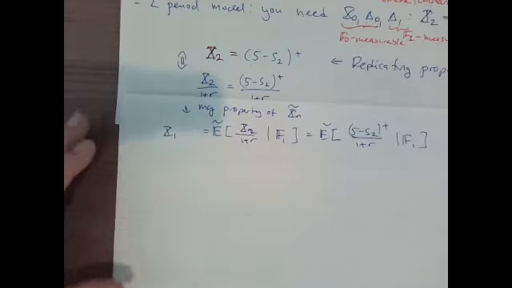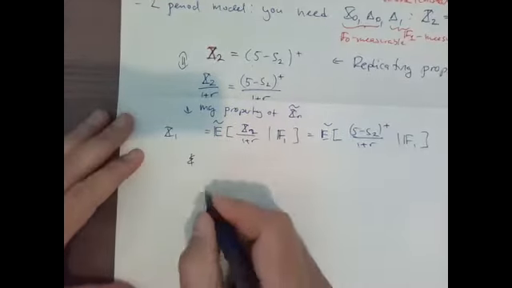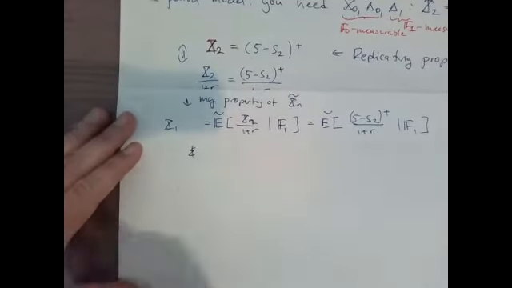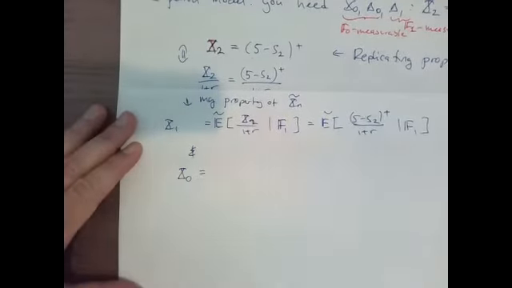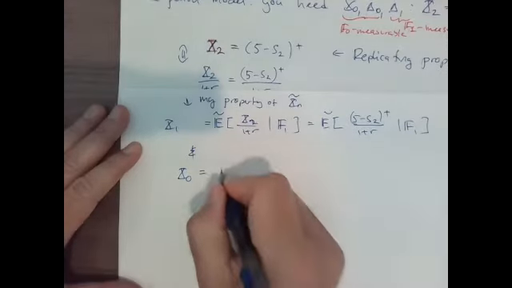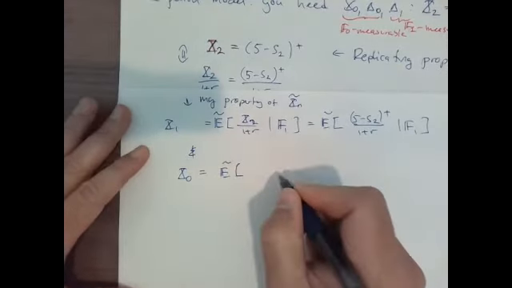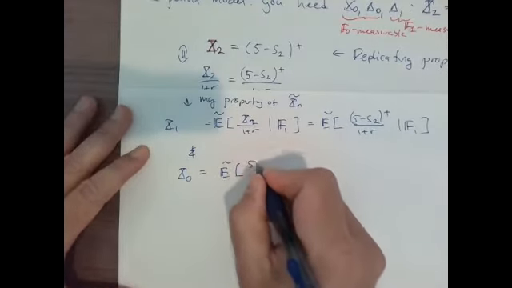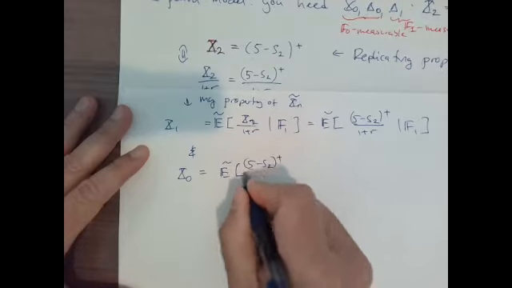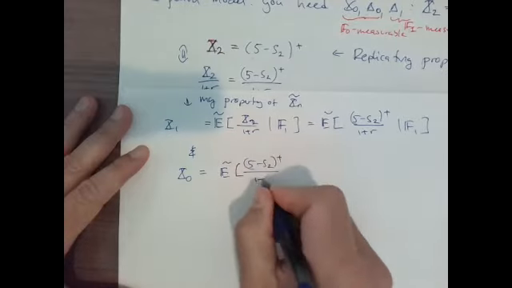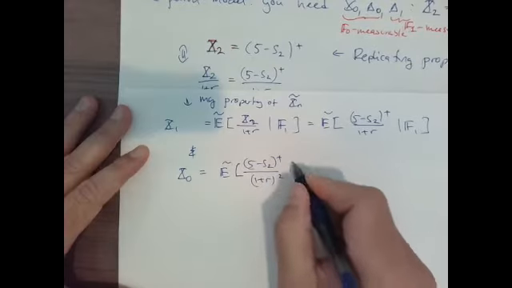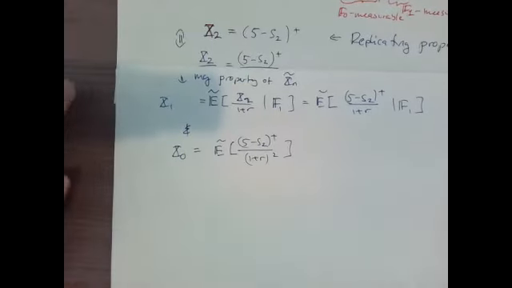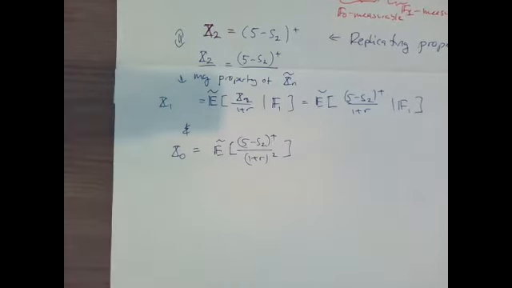Right, so I'll have that, and of course I can go one step further back. I'll also have X0. This will simply be the expectation of (5 minus S2) positive part, but now I have to go 2 steps back, so this will be 1 plus R squared. This will give me formulas for X0 and X1.